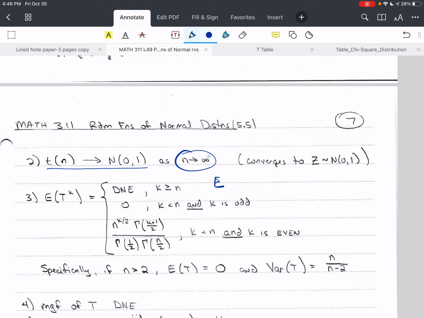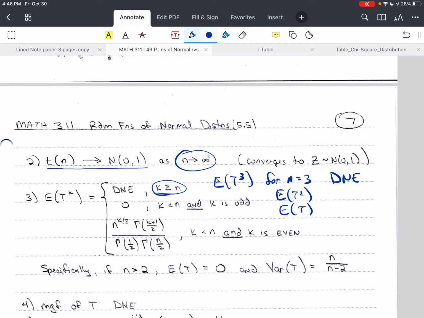So E of t cubed for n equals 3 does not exist because they're equal. Neither does E of t to the fourth, but E of t squared does exist, and so does E of t. Okay?